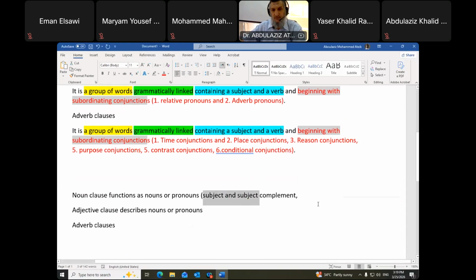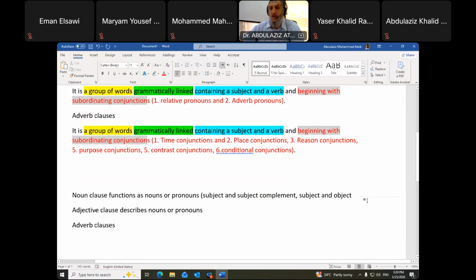Subject and object. مبتدا خبر. This is خبر, subject complement. What is خبر in Arabic? مكمل المبتدا. In English, they have something called predicate, but predicate is bigger than the word خبر, and has a different concept from the Arabic language. Let's use subject complement.